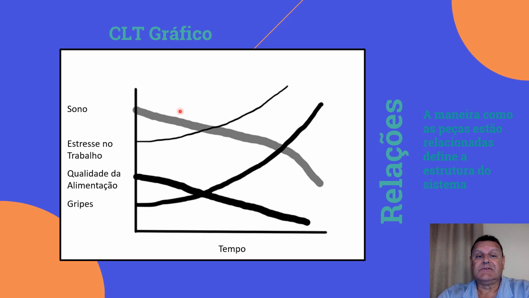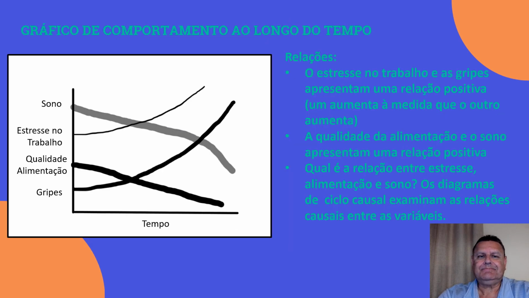And as one goes up, the other goes down, that's a negative correlation. And so we get an idea a little bit more about what's really happening here. So this is just a little bit more of an explanation of that graph.